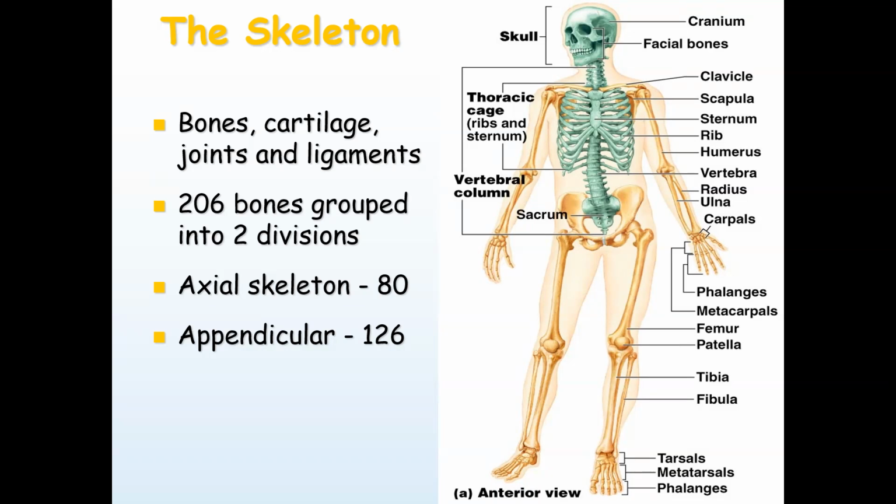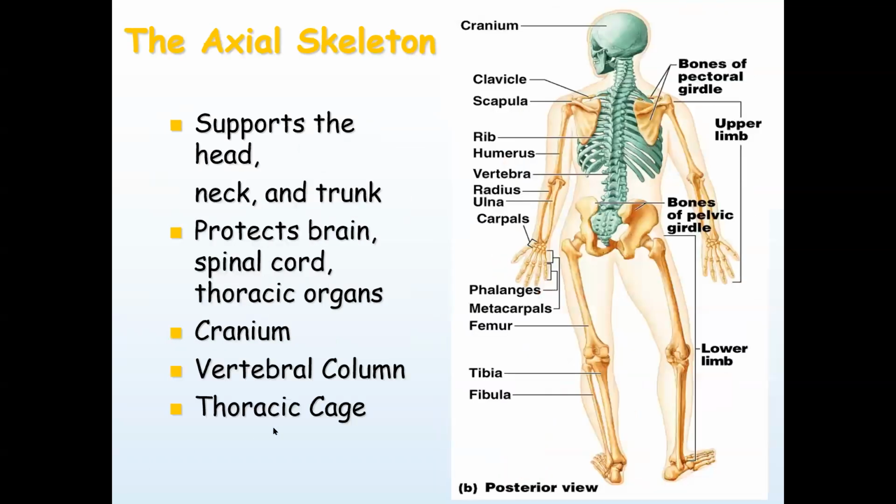let's talk about the bones of the axial skeleton. First of all, the purpose of the axial skeleton is as a support mechanism for the neck, head, and the trunk, right? So it supports the body's tissues in the neck, head, and trunk. It also protects the spinal cord, the brain, and the thoracic organs.